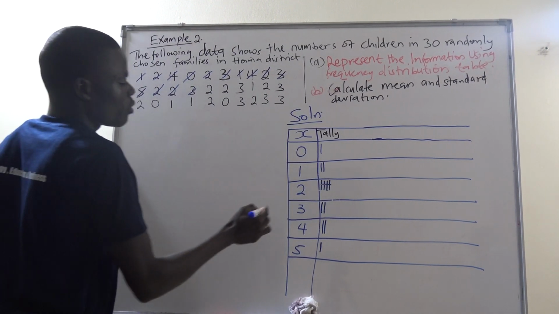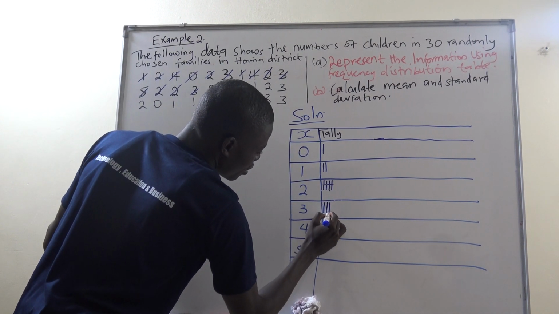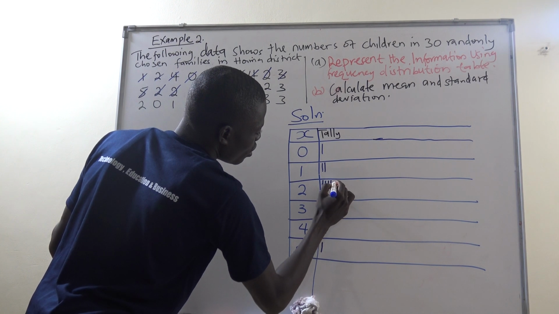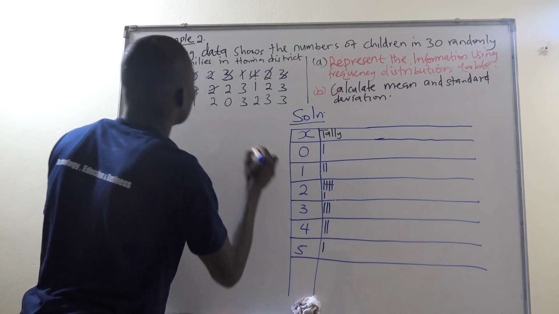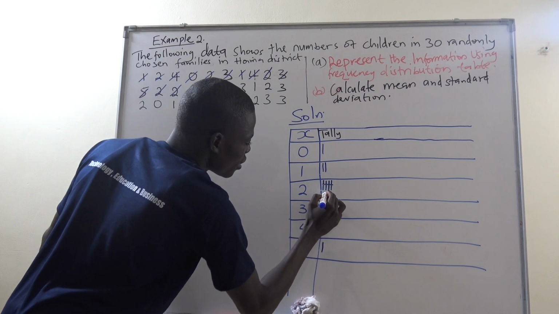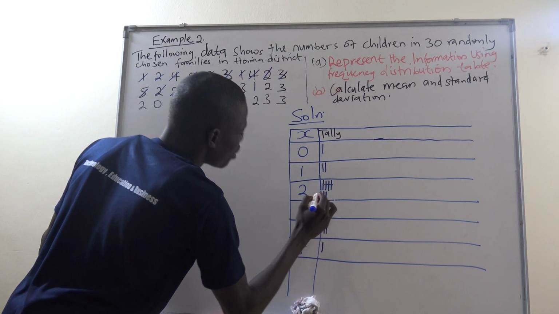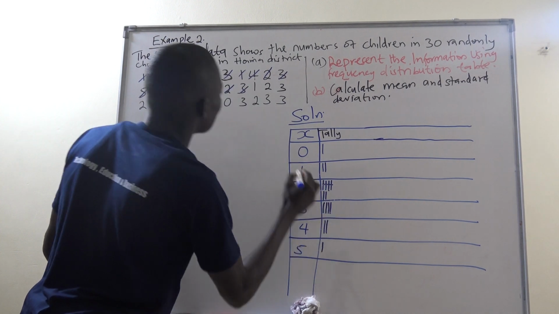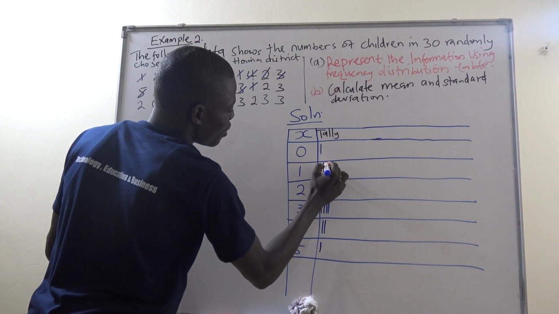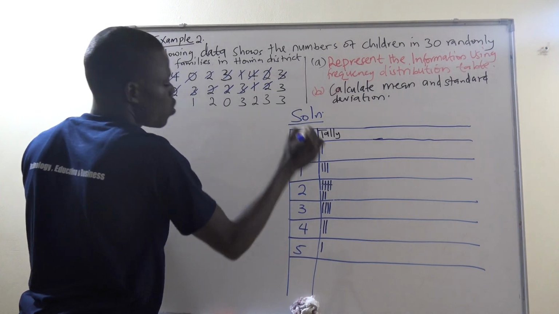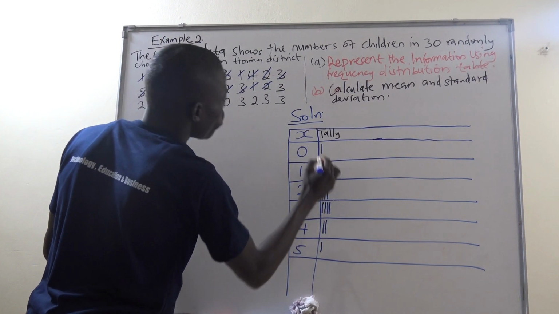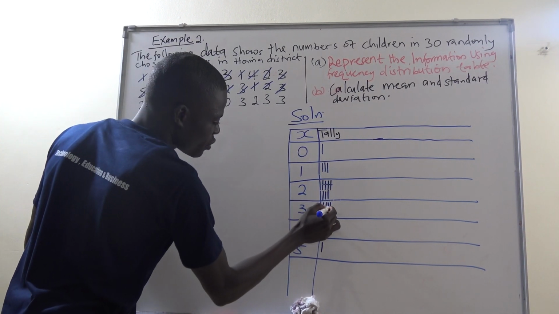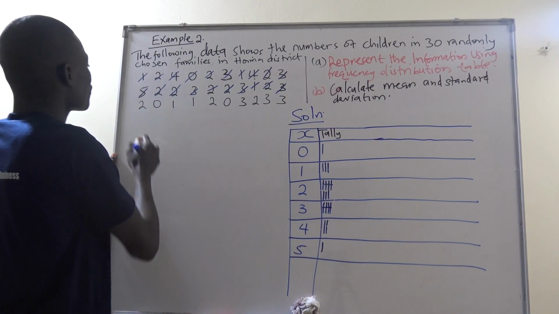Then this one, go to the third one, 2 again, 2 again, then 3, 1, 2, 3. So 3 now is making 5, we shall tie it.